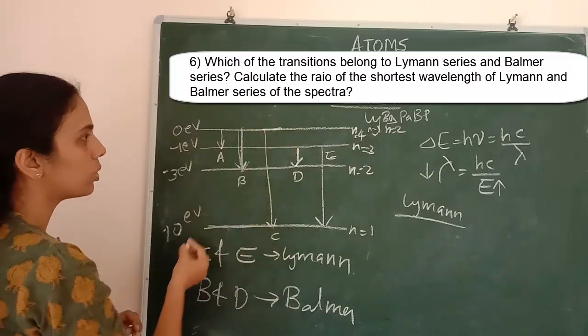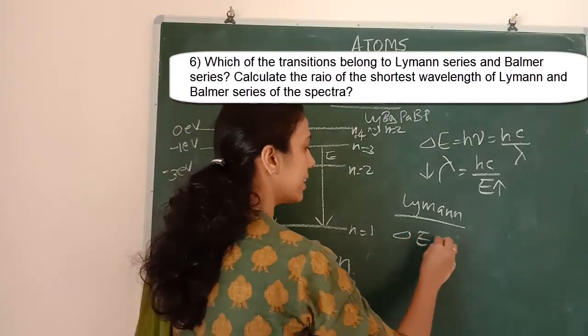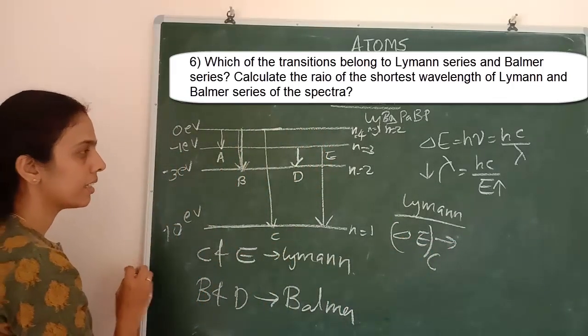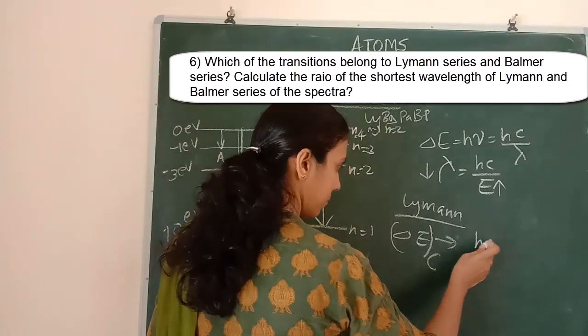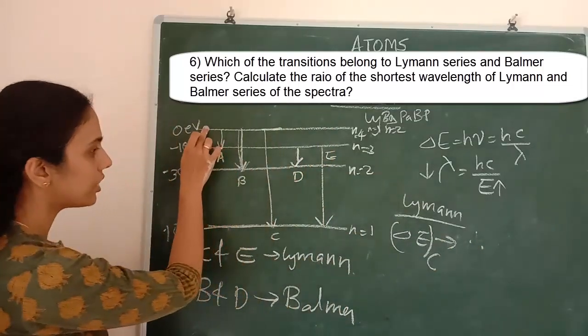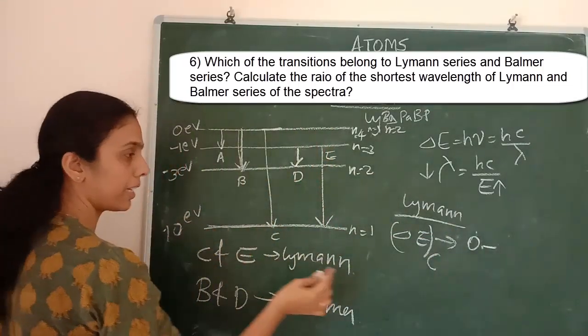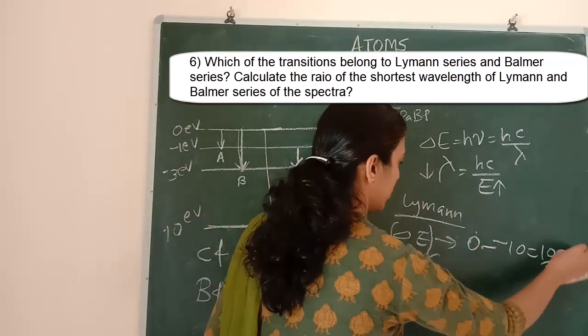See, n is equal to infinity to 1. So what is delta E of C? It will be 0 minus (minus 10), so we are getting 10 electron volt.